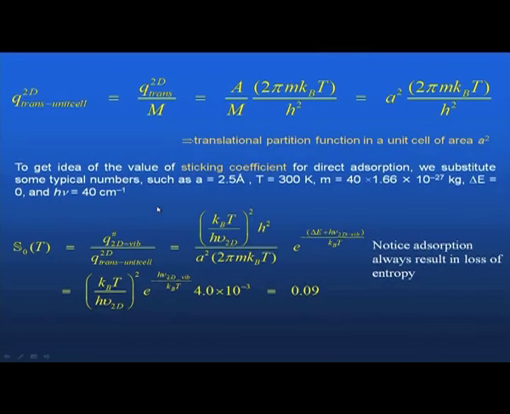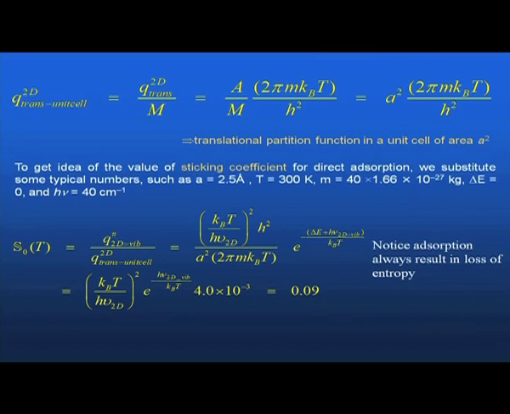Now, to get an idea of the value of the sticking coefficient that I talked about for direct adsorption, we substitute some typical numbers and see what that comes out to be. Whether this is very close to unity, or less than unity, or maybe much less than unity, we would like to know for some typical situation.